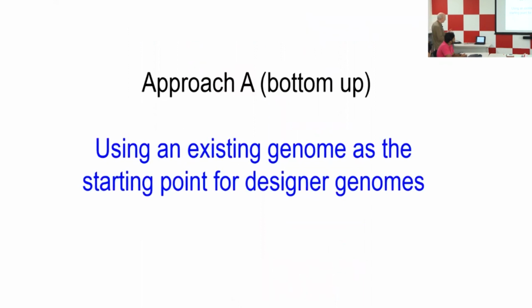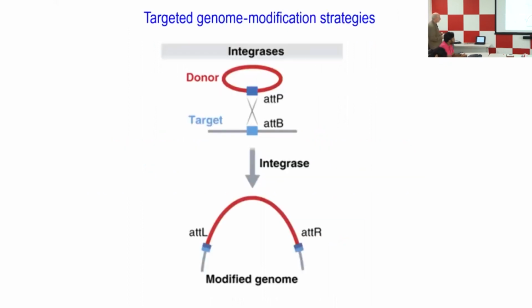Let's discuss in a bit more detail either of these two approaches, the bottom-up and the top-down. Approach A would be using an existing genome as the starting point for designer genomes. In that case, there are various possibilities to enter and excise segments of the DNA of the chromosome of the bacterium or the biological system that you start with.